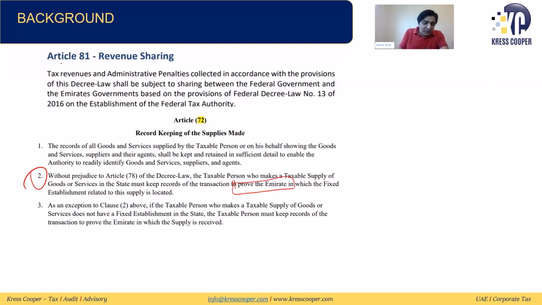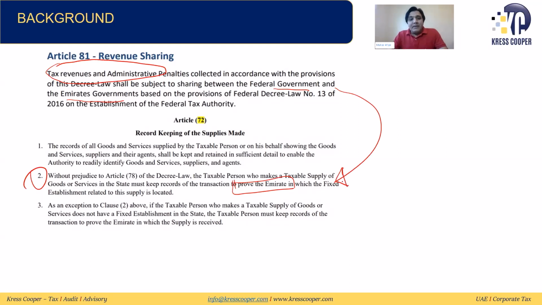So here we have already discussed the need to share the administrative penalties and tax revenue between the federal government and the Emirates government. In Article 72, subclause 2, they mentioned that the taxable person needs to maintain a record to prove the emirate in which the fixed establishment related to the supply is located.